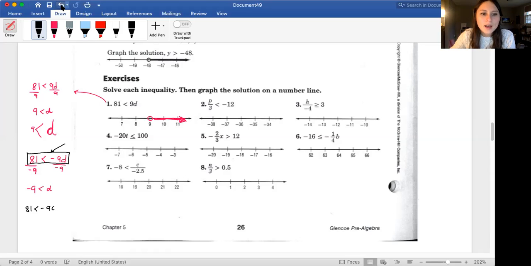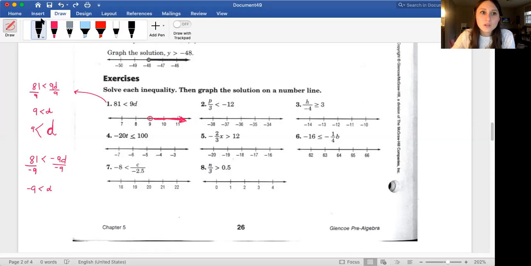And because we run into this situation almost every time we multiply or divide by a negative on both sides, if we check and do a few more of these, we'll realize anytime you're multiplying or dividing by a negative on both sides of your inequality sign, your number sentence will not come out to be correct when you check it.